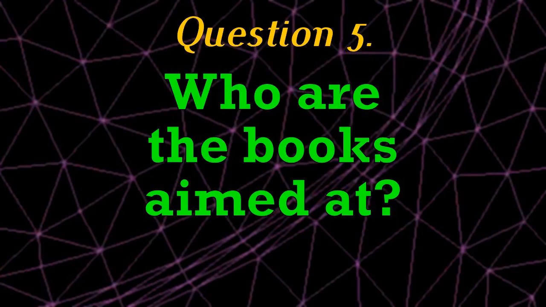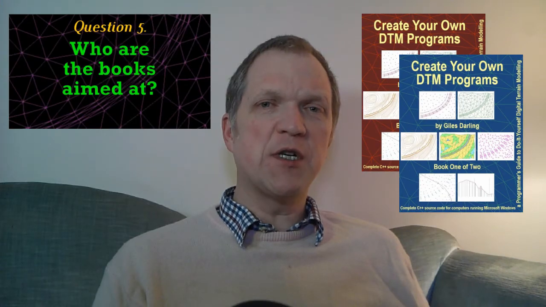Question 5. Who are the books aimed at? These books are aimed at anyone with programming knowledge who wants to create DTMs, to work with DTMs, or to create their own programs to work with DTMs. These books are also aimed at civil engineers who need to save money.